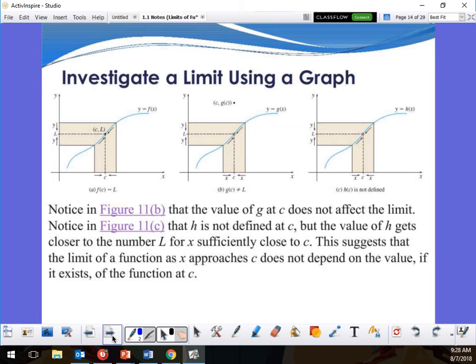And so this one right here, this is H of C is not defined. So this right here, both sides going to it, and this one, for whatever reason, it is not defined at that point. So it's just saying the function is not there. Okay, so this suggests that the limit of a function as x approaches c depends on the value, if it exists, of the function at c. All right.